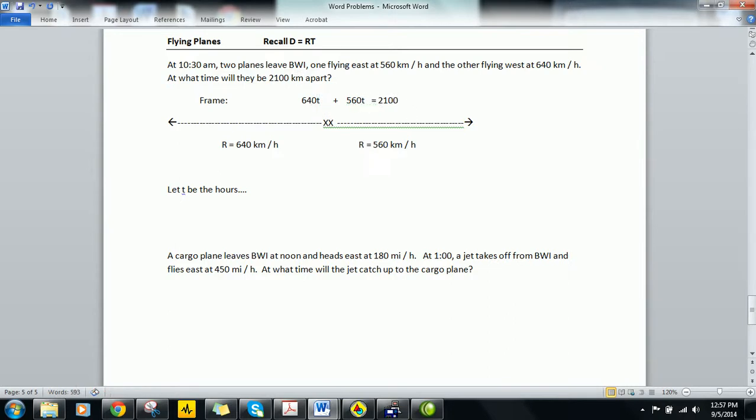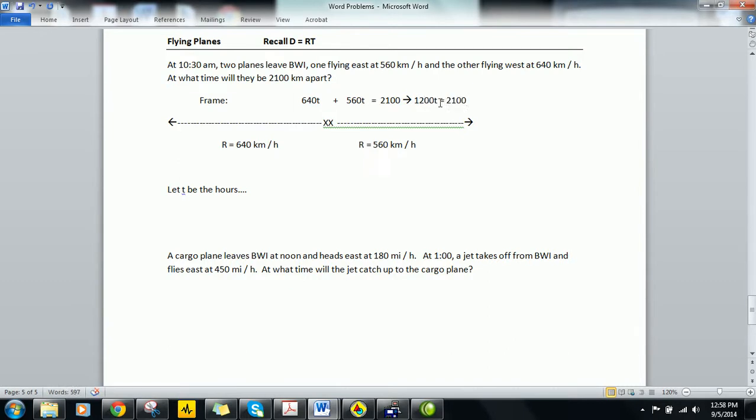So there's my setup. I framed it, filled that frame in with detail, letting t be the number of hours, declaring my variable, and using what I know. Now I'm ready to solve for t. I can combine 640 plus 560, which is 1200. So that becomes 1200t equals 2100.